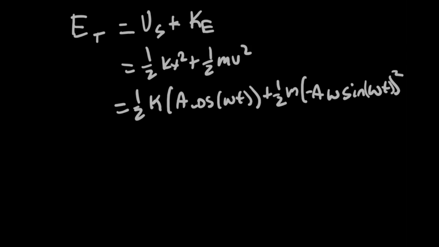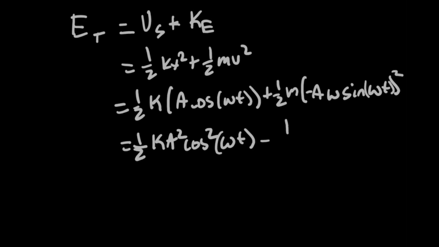The next thing that we're going to do is we're going to get 1/2 k A squared cosine squared of omega t plus 1/2 m A squared omega squared sine squared of omega t.